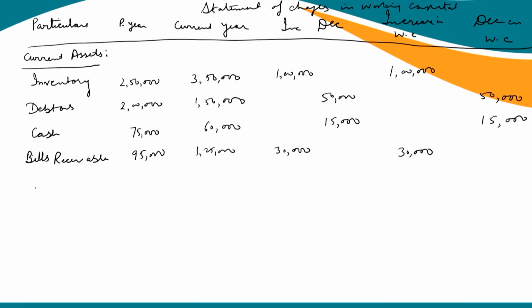And the last asset is prepaid expenses, that is 10,000 and then 7,000. It means there is a decrease in the prepaid expenses, so the working capital will also show a decrease of 3,000 rupees, making a sum total of the current assets.